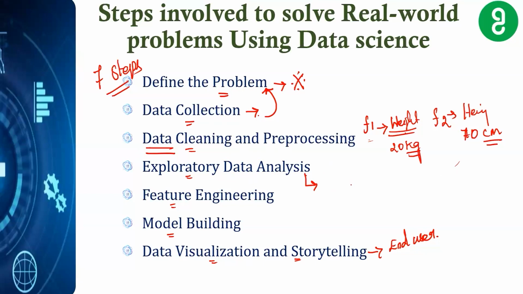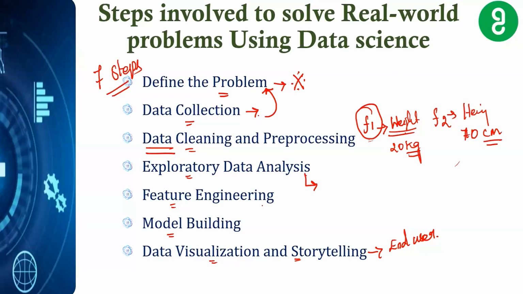You can check the correlation, the relationship between one feature and another feature, as well as the relationship between a feature and the target variable, how important this particular feature is with respect to predicting the target. That analysis could be done in exploratory data analysis.